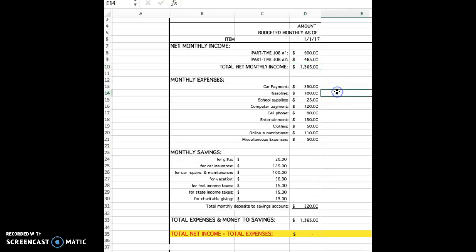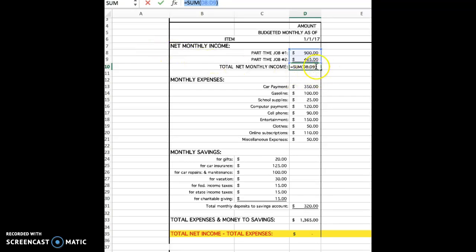What's even more important is that this cell is part of a formula. If you look up at the top in this area, you will see that this is titled equal sum D8 colon D9.